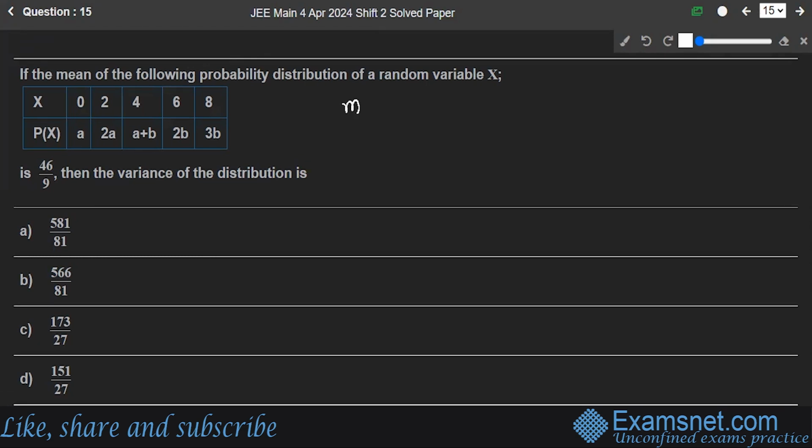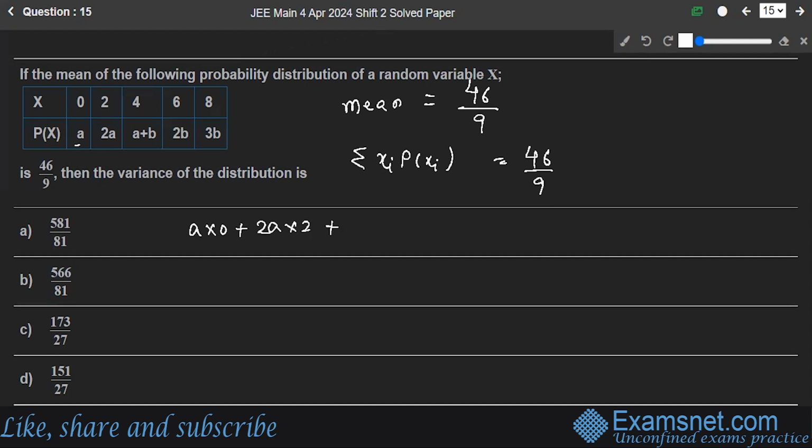You are given that the mean is 46 by 9, and the mean is given by summation of xi into p(xi). So this is equal to 46 by 9. That means a into 0, plus 2a into 2, plus (a plus b) into 4, plus 2b into 6, plus 3b into 8 is equal to 46 by 9.